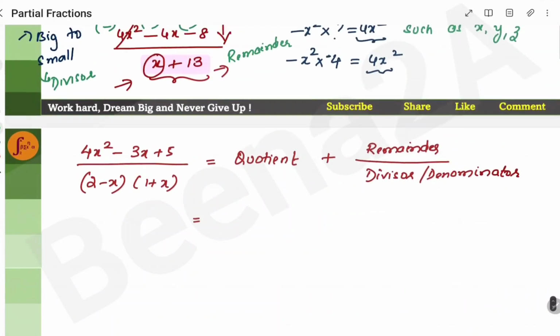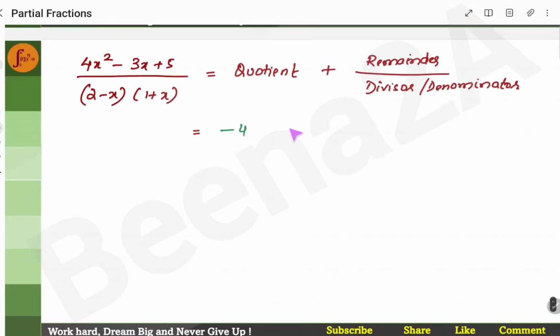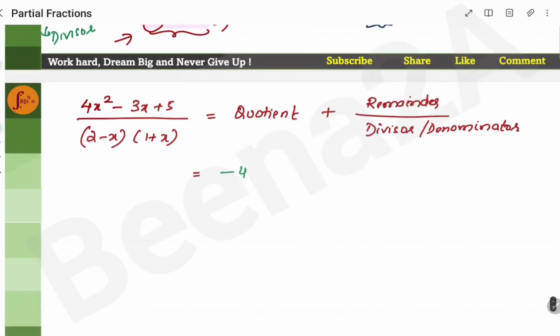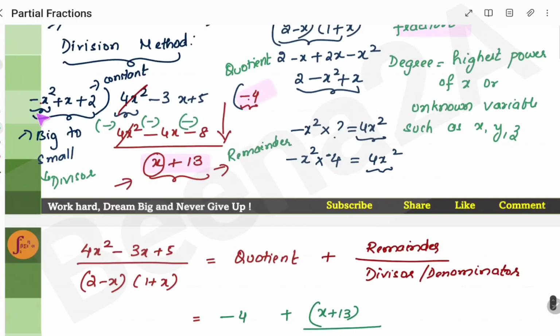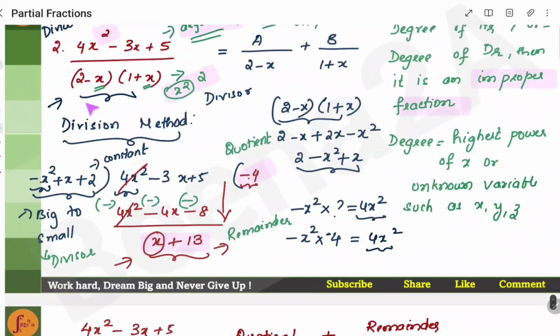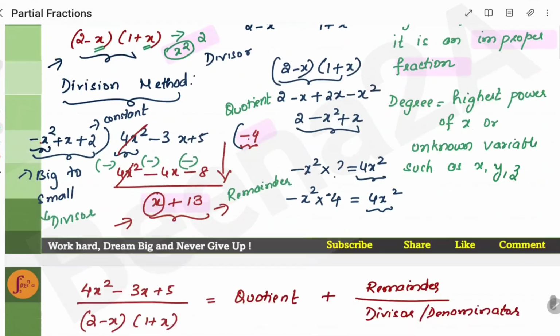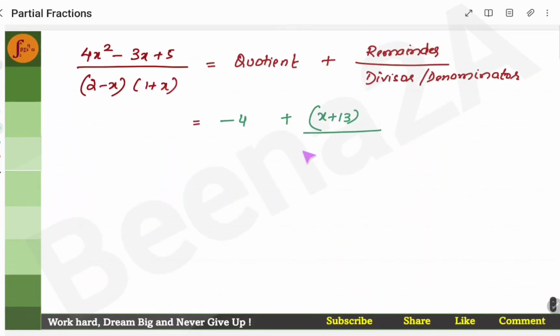So the quotient is minus 4, the remainder is x plus 13, and the denominator or divisor is this much. I will not write this denominator, I will write the original denominator, 2 minus x into 1 plus x.